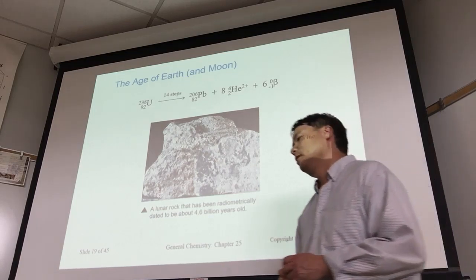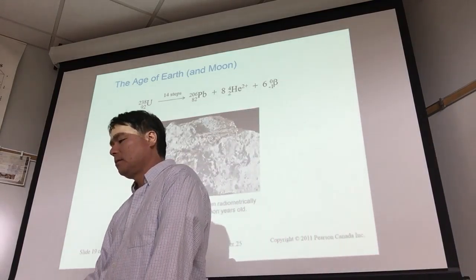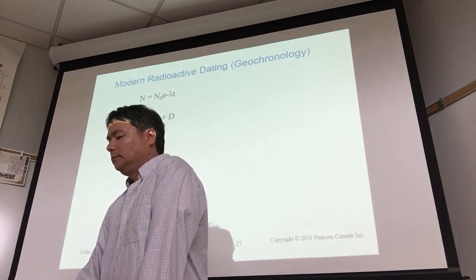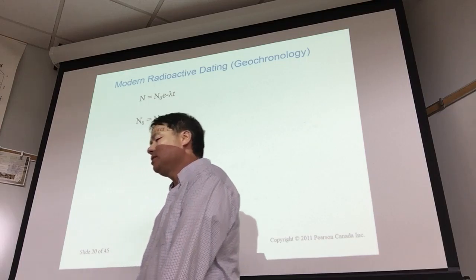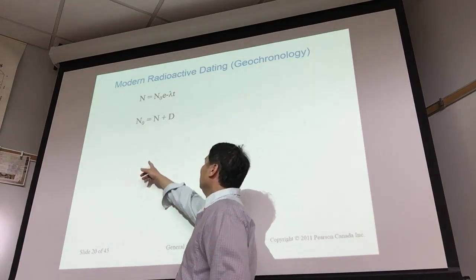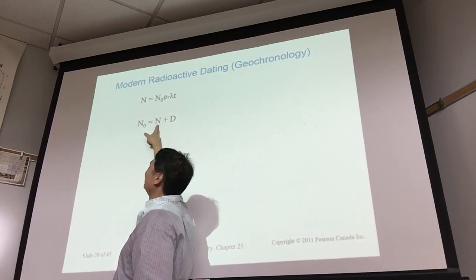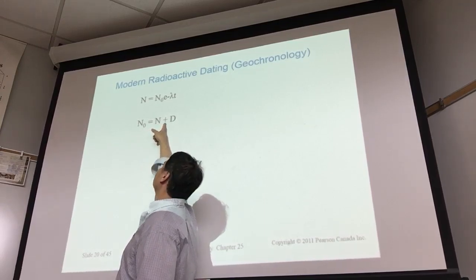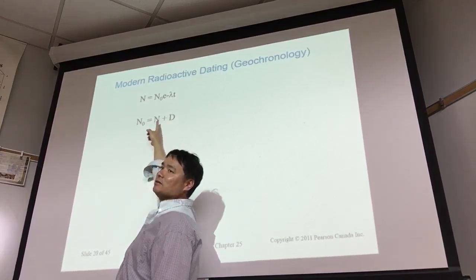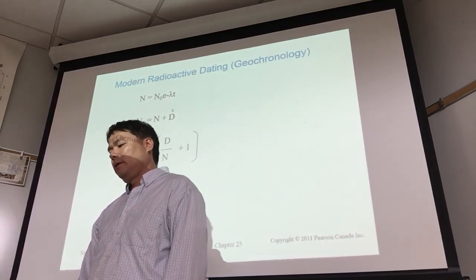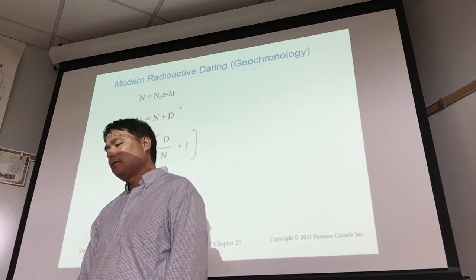We'll look at a sample calculation. This is just showing that the uranium at time 0 is going to equal the uranium at time t plus the daughter, which is the lead. So this is uranium plus lead. And then we can plug it into the equation.